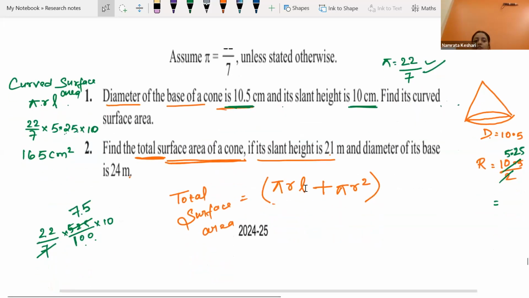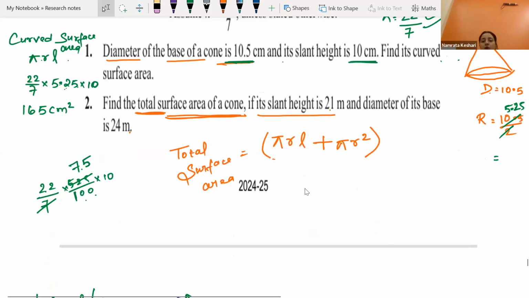Yes, rest of the students, what did you get as the answer from here.